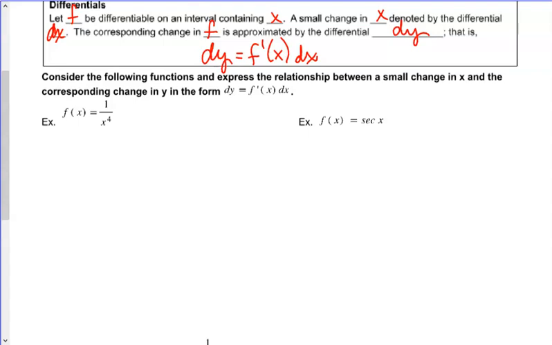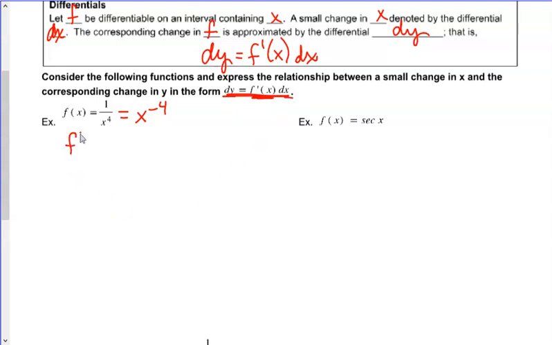So consider the following function and express the relationship between a small change in x and the corresponding change in y of this form. Basically what I need to do, first I want to write that as x to the minus 4. I need to find out what f prime of x is, and then I attach it with a dy and a dx, and I'm done.